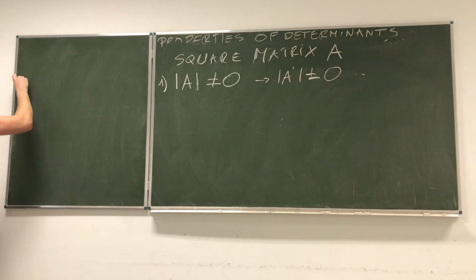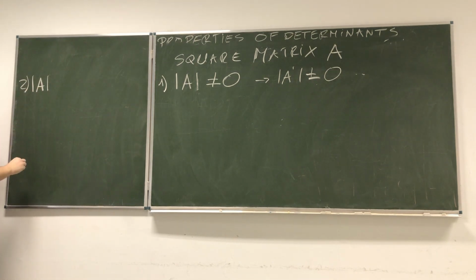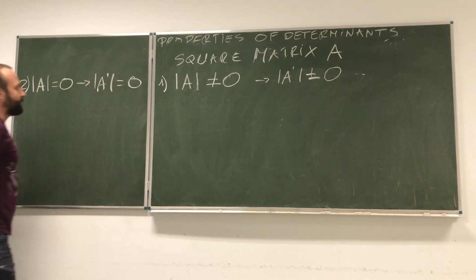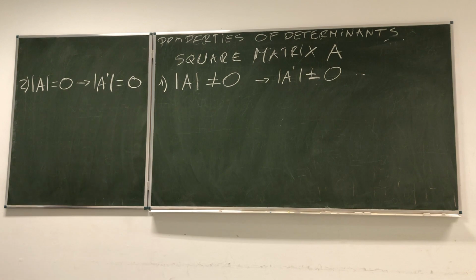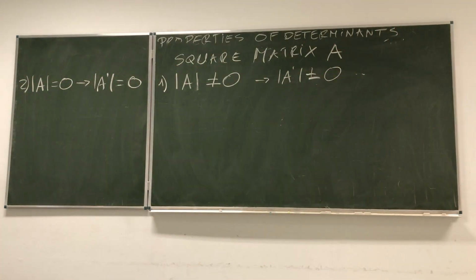But if it happens that the determinant of A is equal to 0, then we can be sure that the transpose determinant will also be equal to 0, based on property number 1 that we've discussed, right?